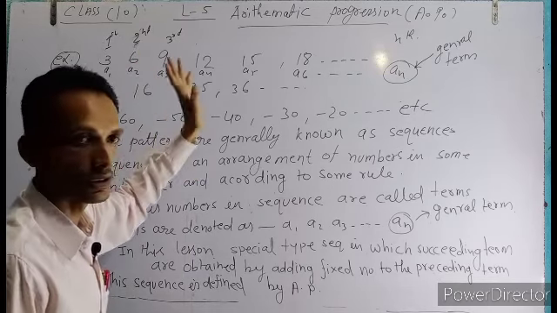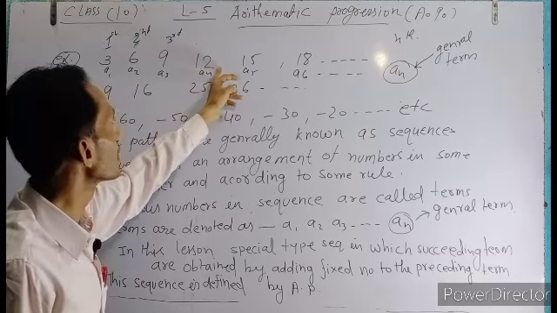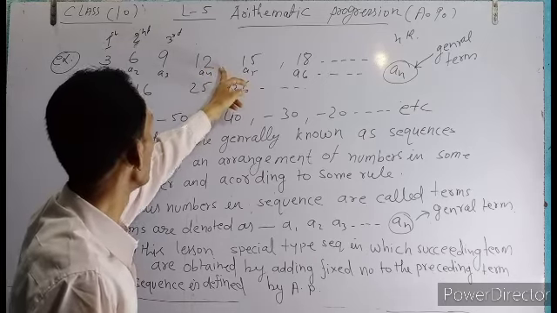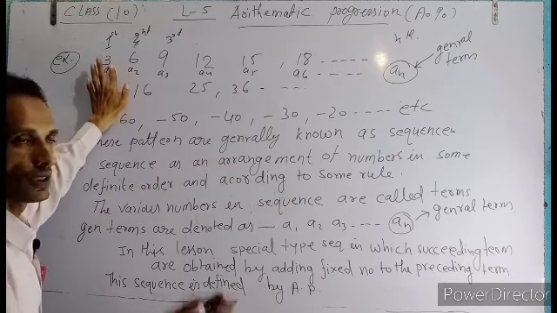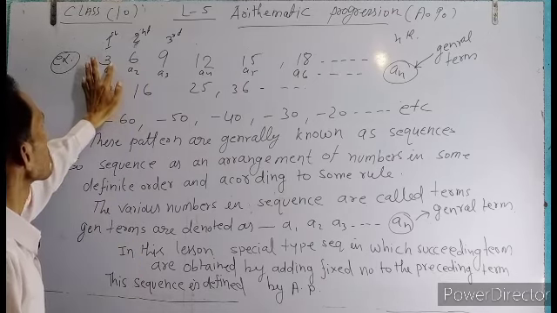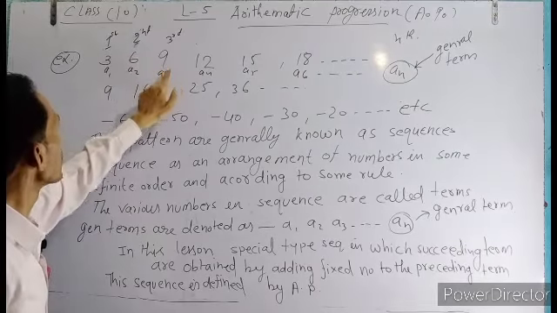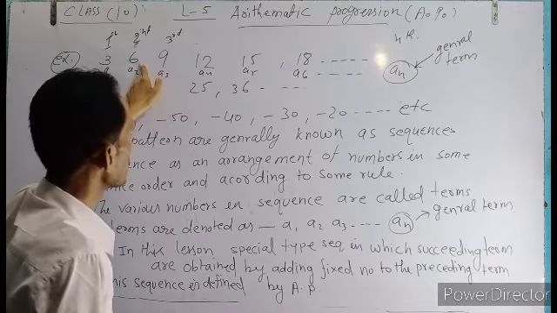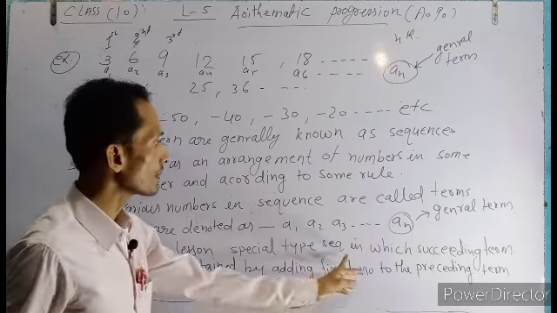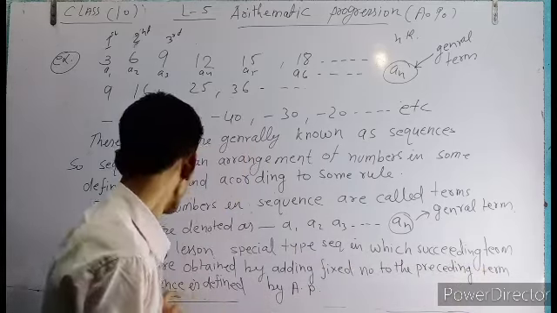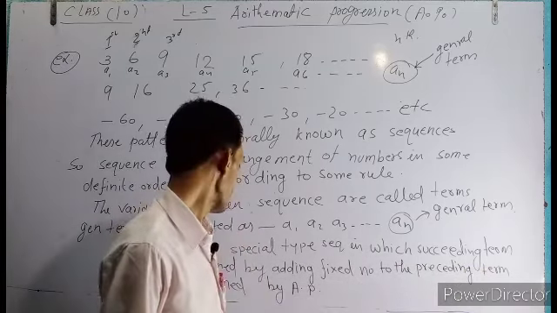If we add 3 here, we get 9, then 12. Similarly, by adding a fixed number to the preceding term, meaning the last term, we get the next term. So this is a special type of sequence in which succeeding terms are obtained by adding a fixed number to the preceding term.